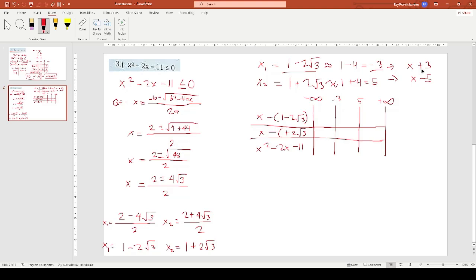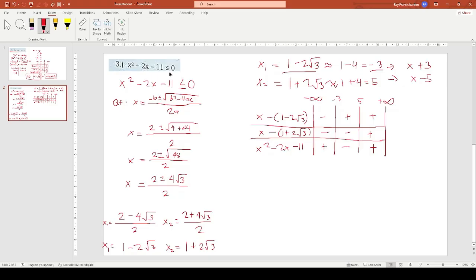So less than negative 3, for example negative 4, negative 5, ganun, negative number siya. If we try 0, it will be positive number. So, negative, positive, positive dito. And then for x minus 1 plus 2 square root of 3, or approximately x minus 5, 5 will be the turning point, so that's negative and positive. Less than that, it will be negative. Then multiply natin here, we'll have positive, negative, and positive.